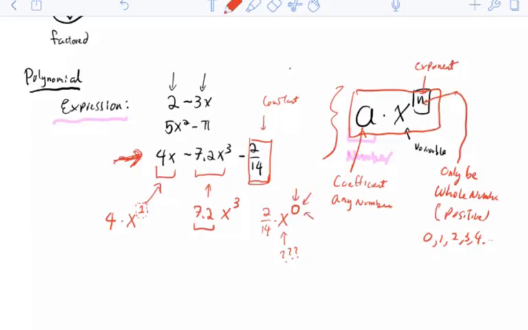Remember that any number, say 4 to the power of 0, is equal to 1. We just say, oh, there's an exponent there. We can't see it because it's to the power of 0, and that means that it just has the value 1. Okay? And so as a result, it doesn't get written in.